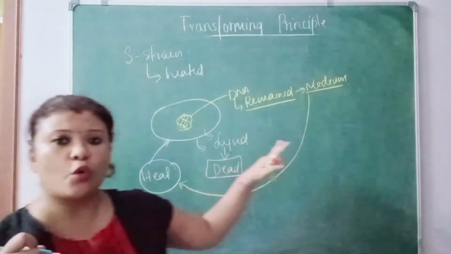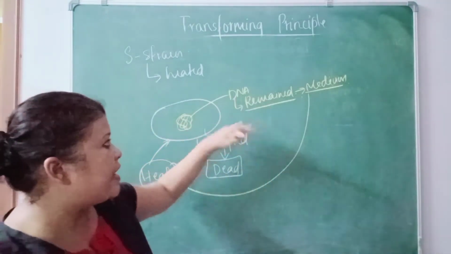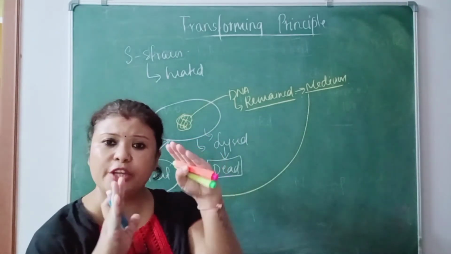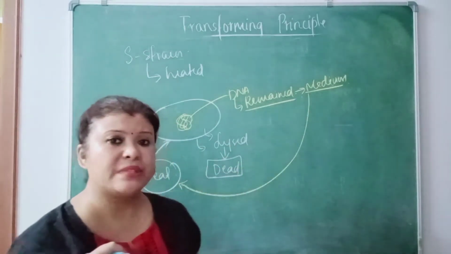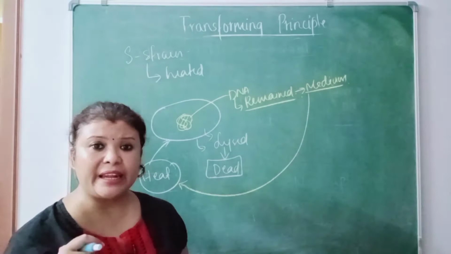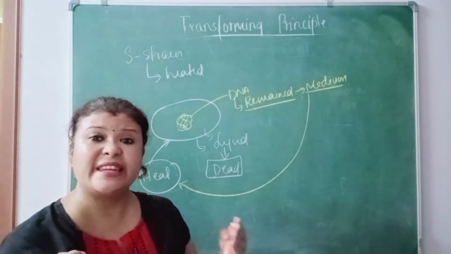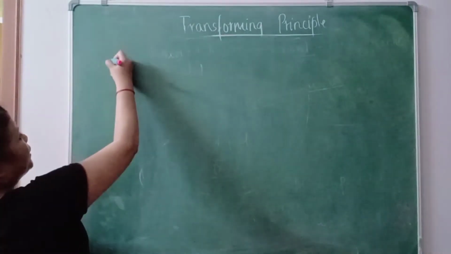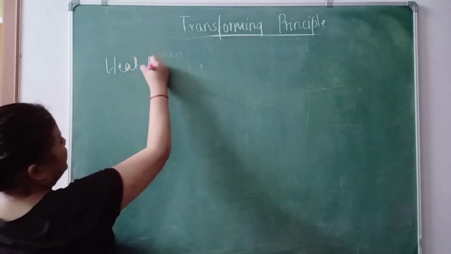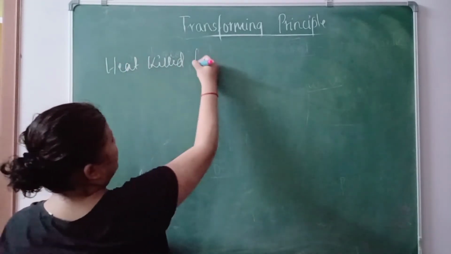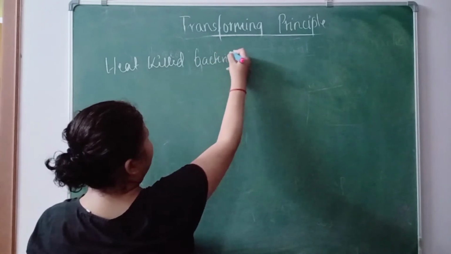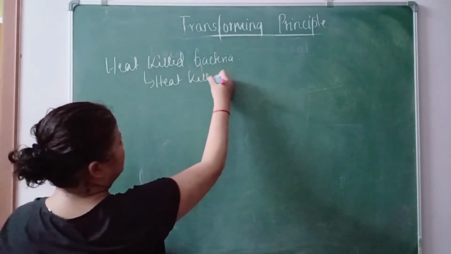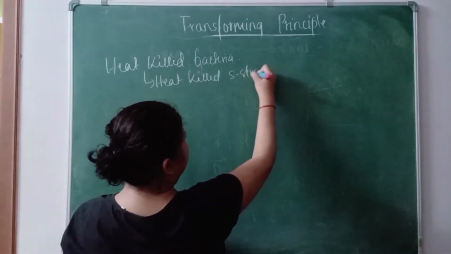Now, when we talk about the DNA material which remained, what did Griffith do? He took a sample of the medium separately, and then he carried out his next important step. In the next step, he took the heat-killed bacteria, or let us be more specific, the heat-killed S strain.